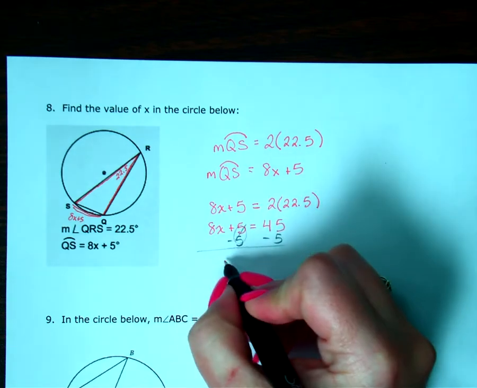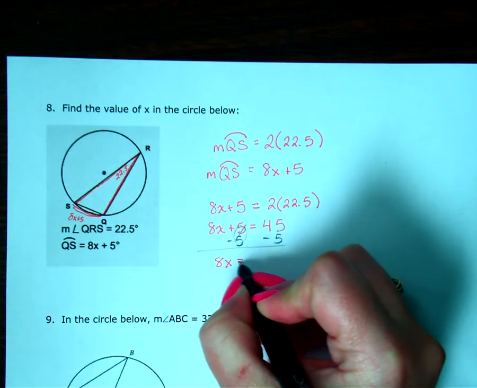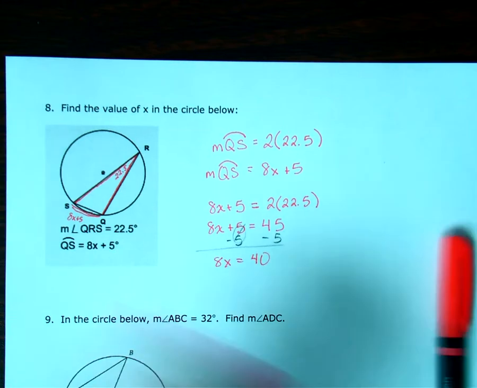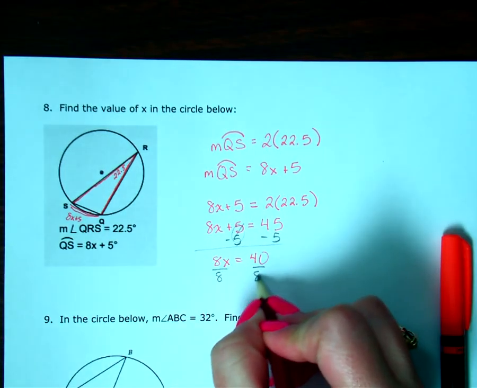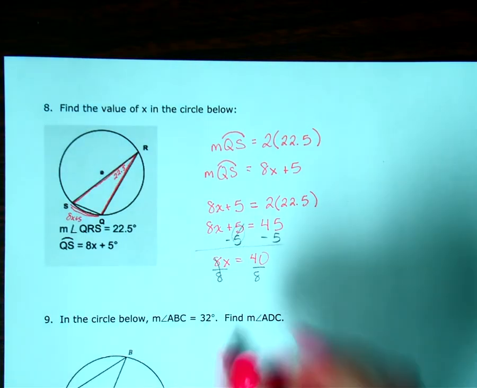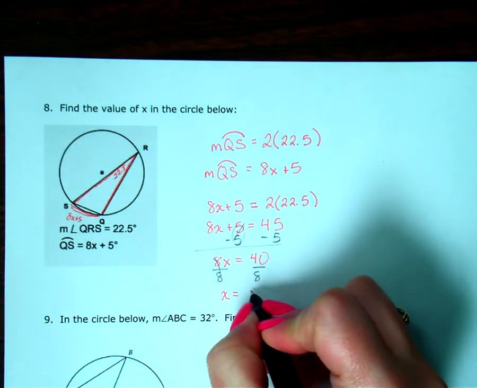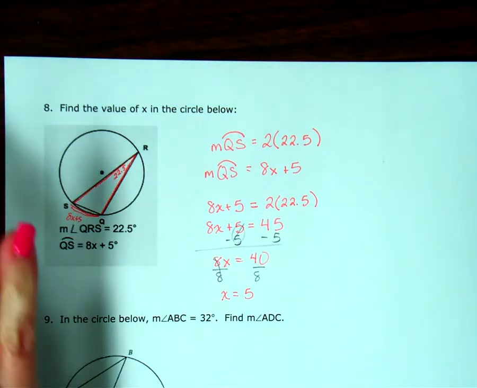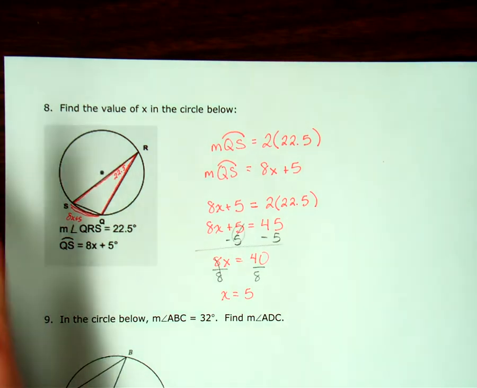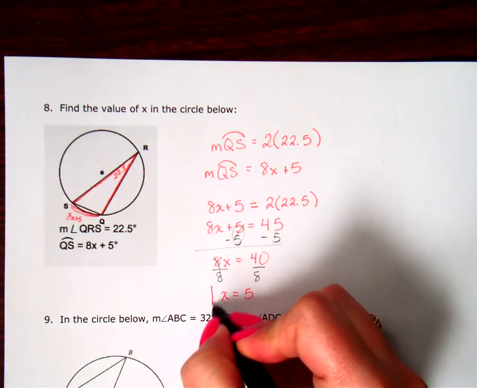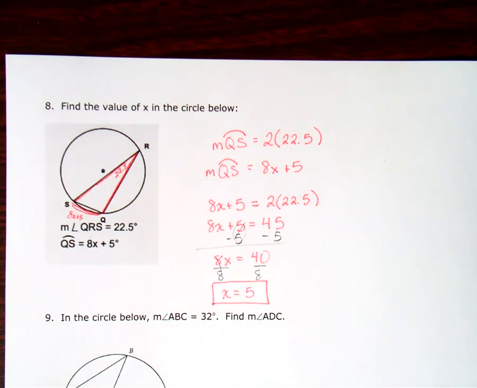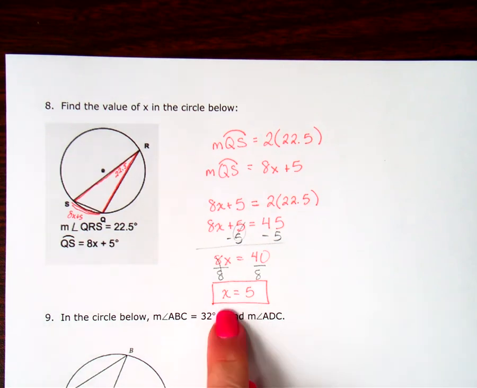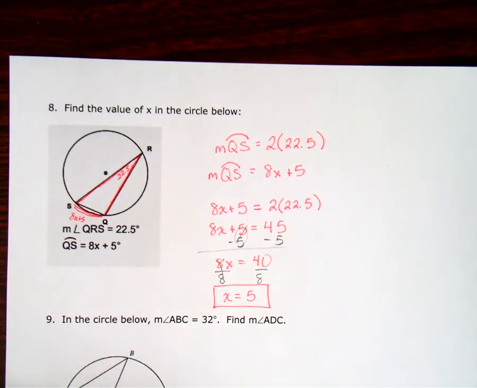And 8x plus 0 equals 40. Divide by 8. And x equals 5. And let's see, did I answer find the value of x in the circle below? Yep, the value of x is 5.